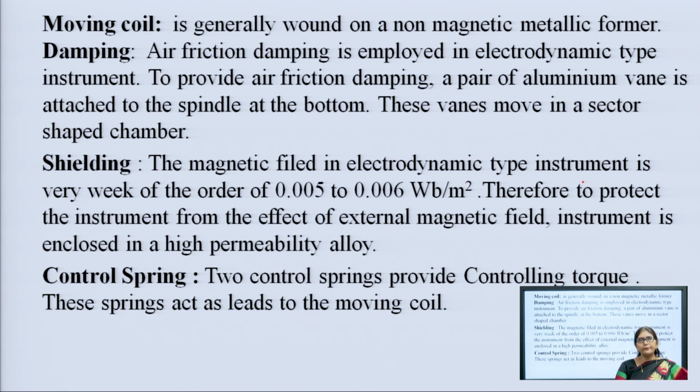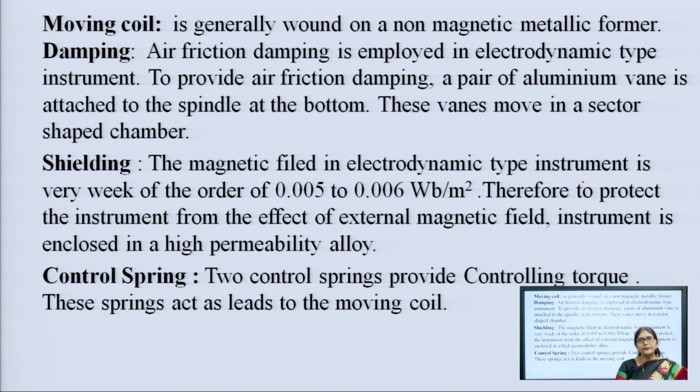Here air friction damping is used. In air friction damping, a pair of aluminum vanes is attached to the spindle carrying the pointer, and the vane moves in a sector-shaped chamber. That brings the pointer to rest at a position.